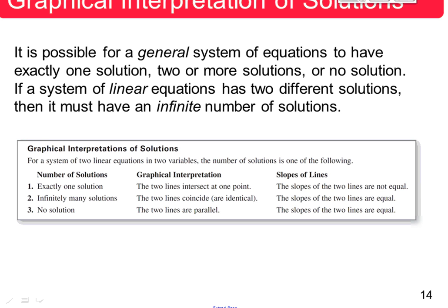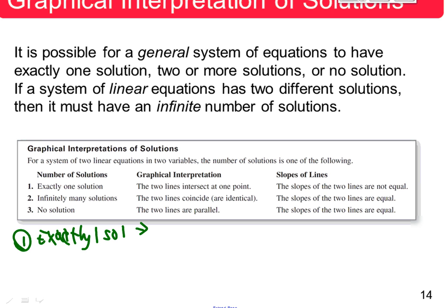So here's what can happen when we have a system of two linear equations in two variables. We can either have exactly one solution, and the two lines intersect at one point, and the slopes of the two lines are not equal. And those are called consistent.